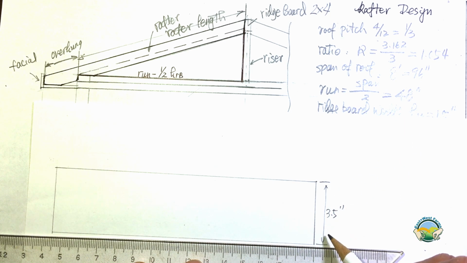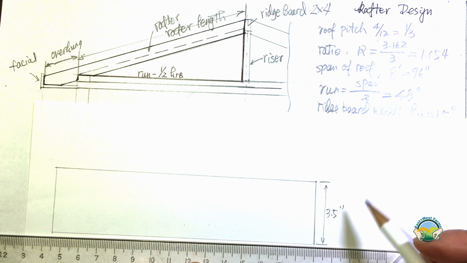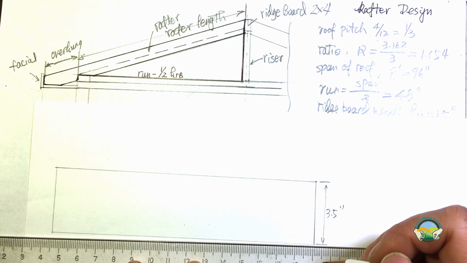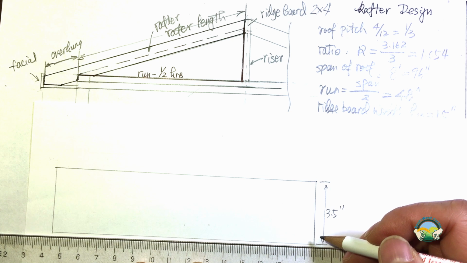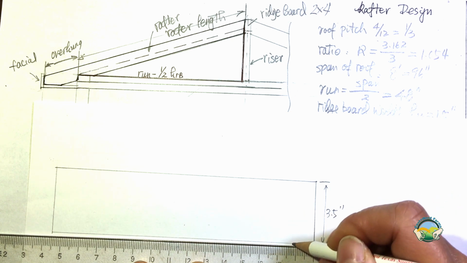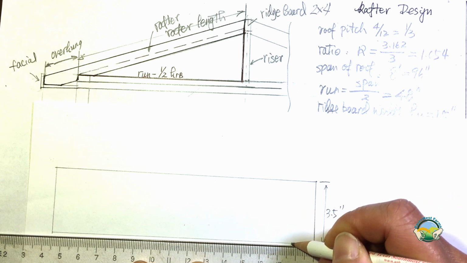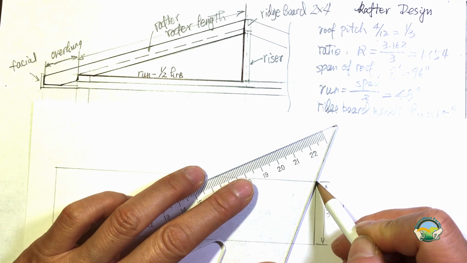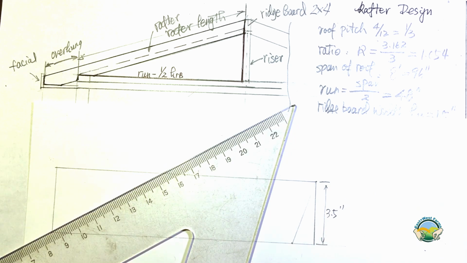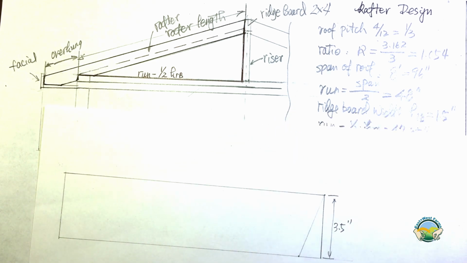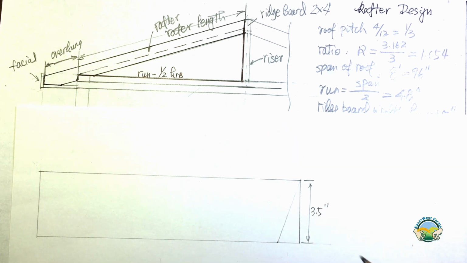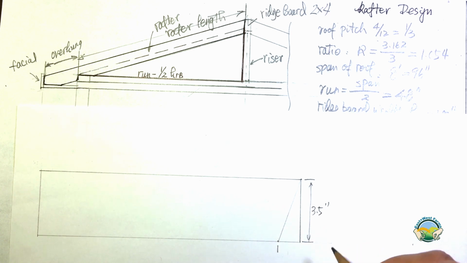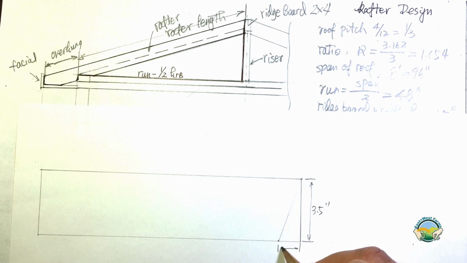So 3.5 divided by 3 is 1.167, something like that. So that point would be over here, and if you draw a line from that corner to that point, that will give you the plumb cut. So that's 3.5 over 3 equal to 1.16.